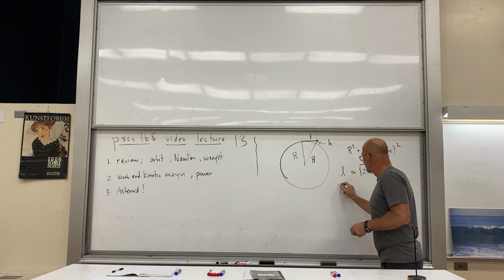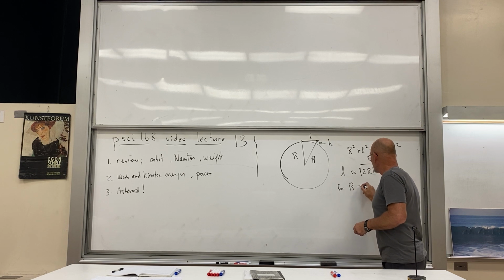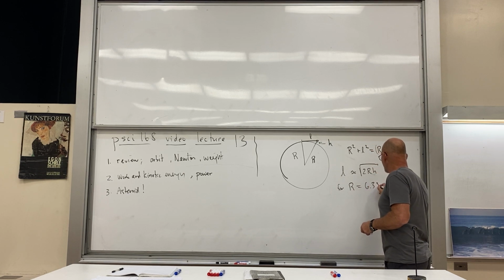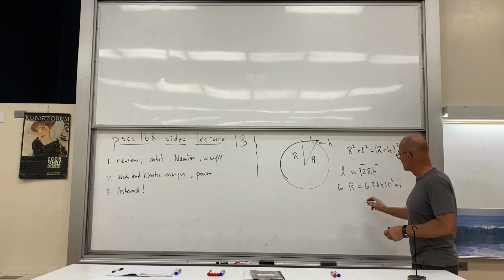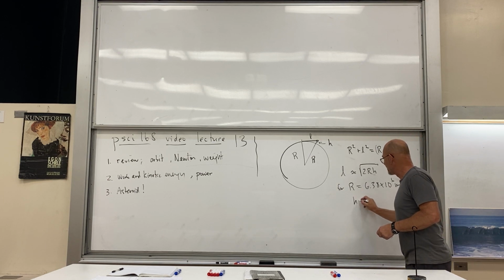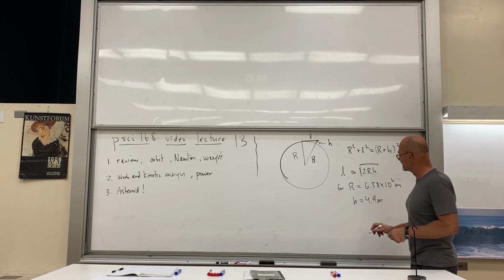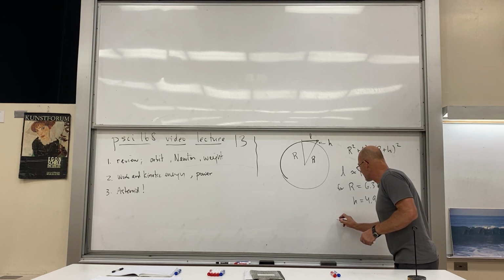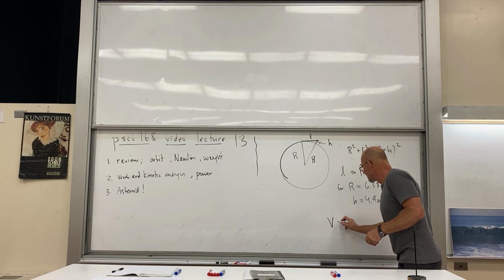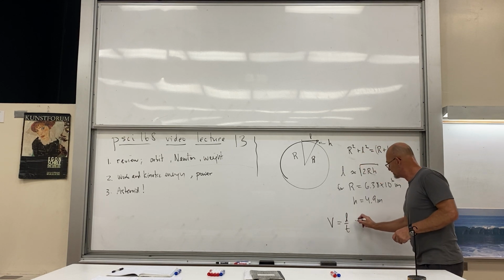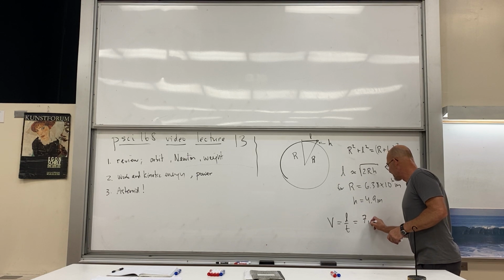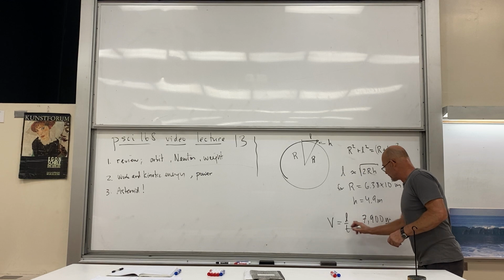And for R equals 6.38 times 10 to the 6 meters, that's the radius of our Earth, and h equals 4.9 meters, that's the fall in 1 second, we had v equals L over t, where t is 1 second, giving 7,900 meters per second roughly.